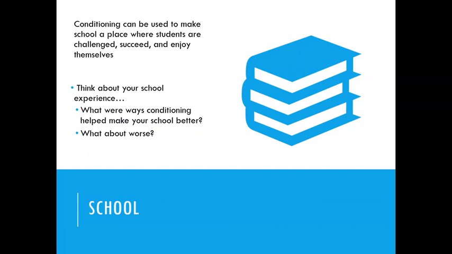But there are other ways that we can use classical conditioning, specifically reinforcement, to help school be a place where students can really enjoy the learning process and prosper. As we've talked about in the past, reinforcement tends to be the best behavioral motivator, the best tool to use to change and improve behavior. 2 key ways we can use reinforcement in the school setting is through showing approval and giving attention to students.